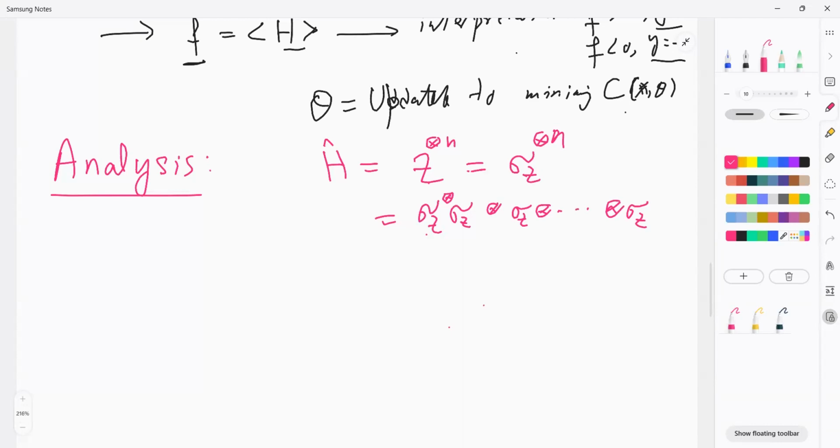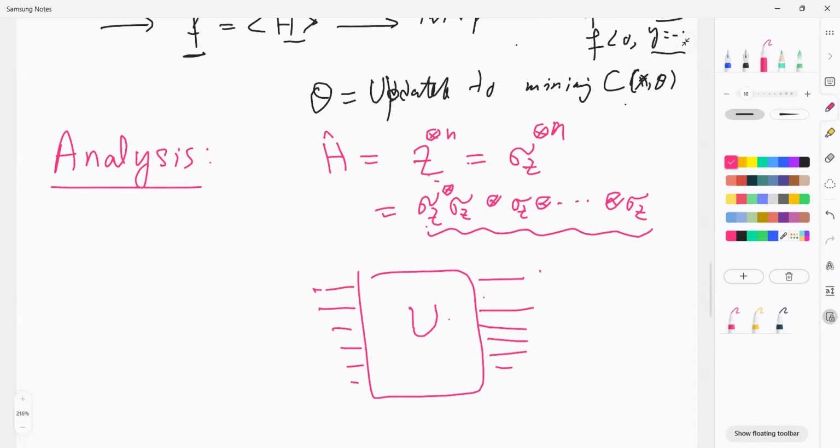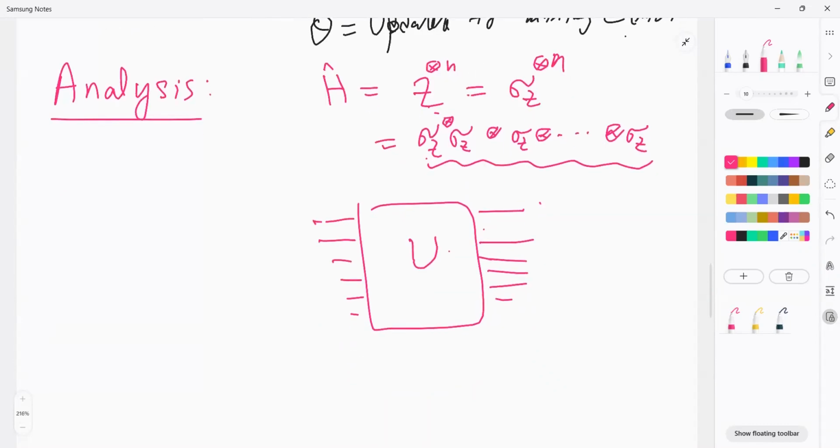The reason is this: this measurement can be thought of as a measurement of a single qubit preceded by a unitary operator, and we can find out this unitary. For example, if this is just ZZ, this unitary is just a ZZ feature map that we were talking about yesterday. So it doesn't even have to be on each qubit. But anyway, for right now, it doesn't actually matter.